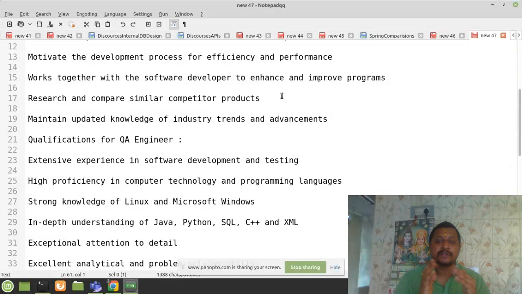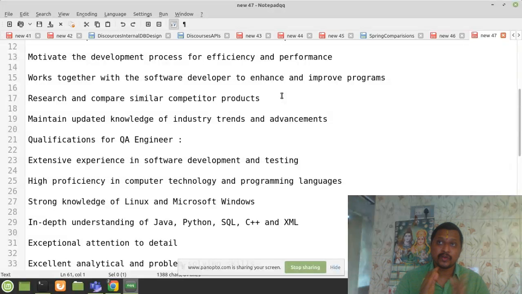And also he must have strong knowledge of server-level technologies, like operating systems such as Linux or Microsoft Windows. And as a QA engineer he also needs an in-depth understanding of programming languages like Java, Python, SQL, C++, and XML, and advanced ones also.